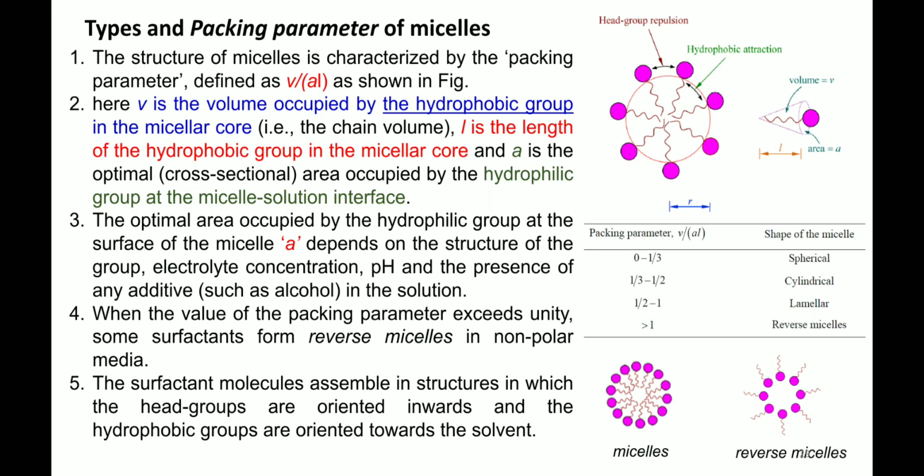Then there is the normal micelle, and the last one is the reverse micelle. If it is a normal micelle, we generally just call it a micelle. But if it is a reverse micelle, then we specifically need to mention the name reverse micelle.